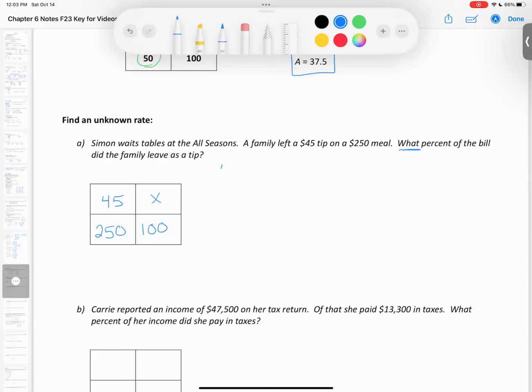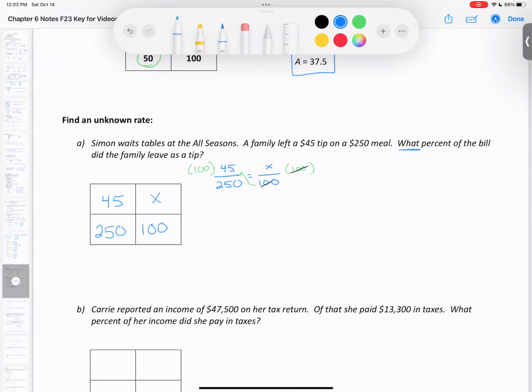So we can set up our equivalent fractions here: 45 out of 250 equals X over 100. Now we want to move that 100 to the other side. You can think of that as bringing it up and across the equal sign, or as multiplying both sides by 100, because then these hundreds will cancel out.